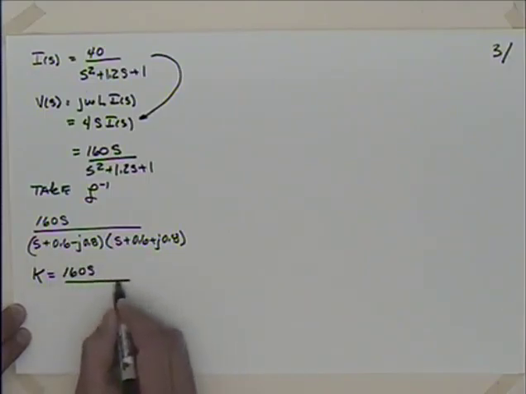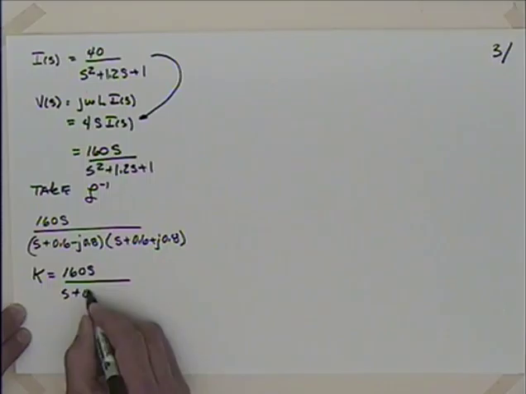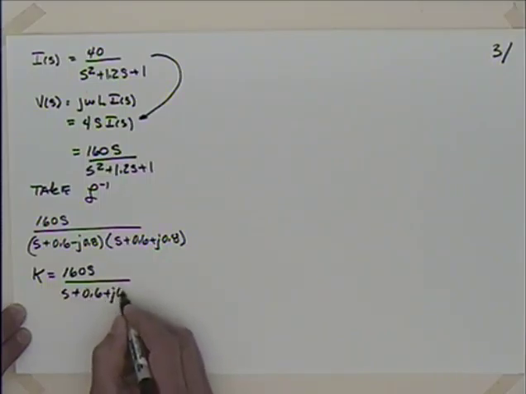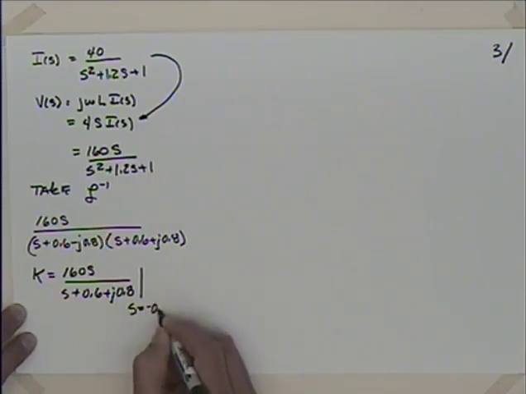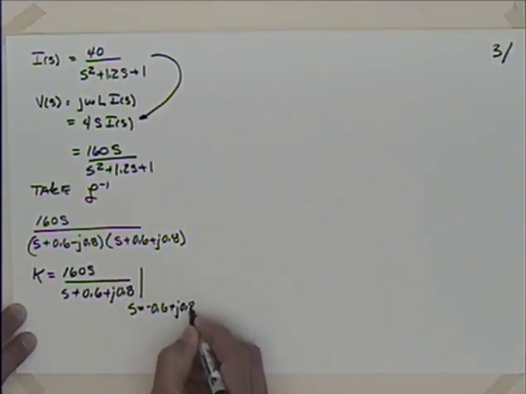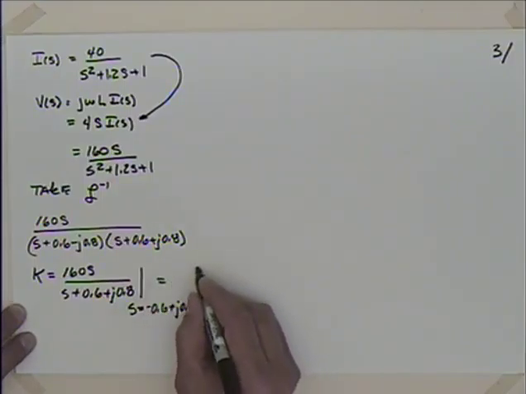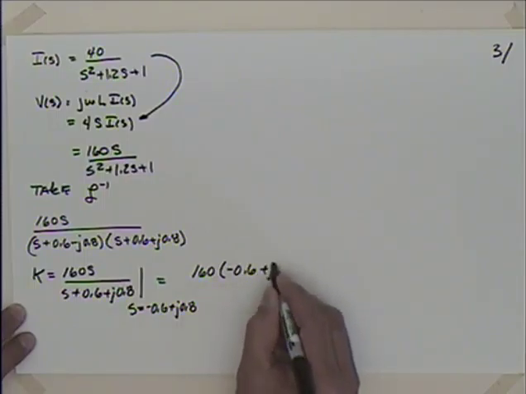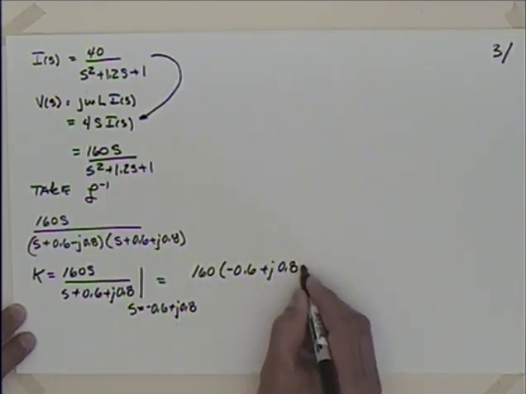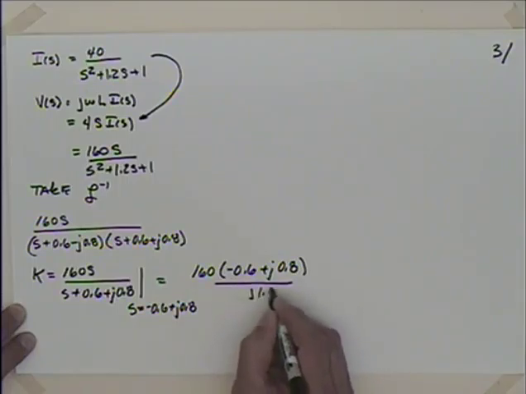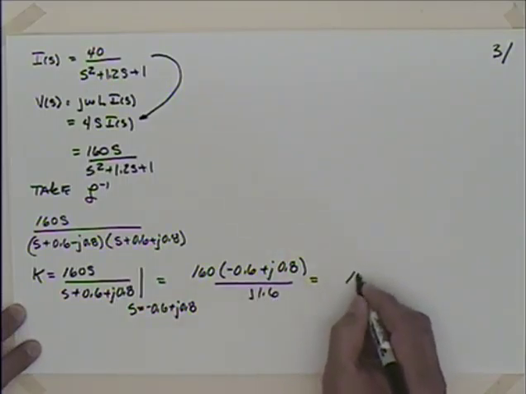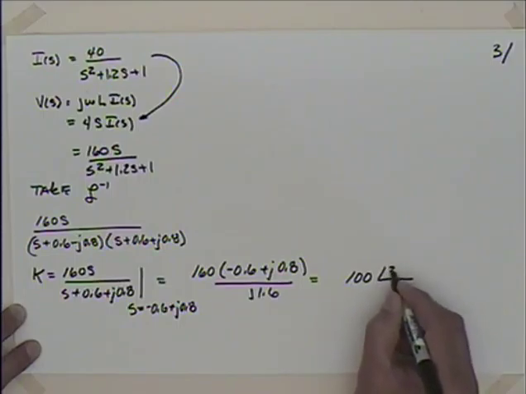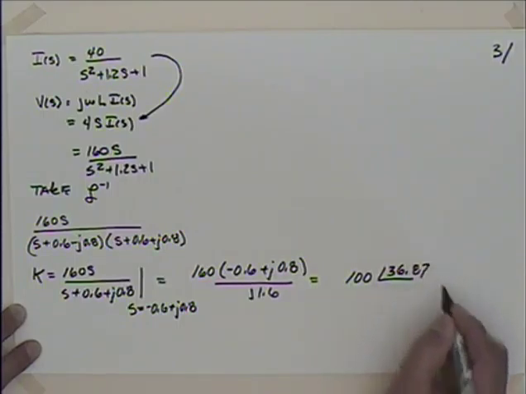160 times S divided by S plus 0.6 plus j0.8, evaluated at S equals minus 0.6 plus j0.8, which would give me 160 times minus 0.6 plus j0.8 divided by j1.6, which gives me 100 at 36.87.